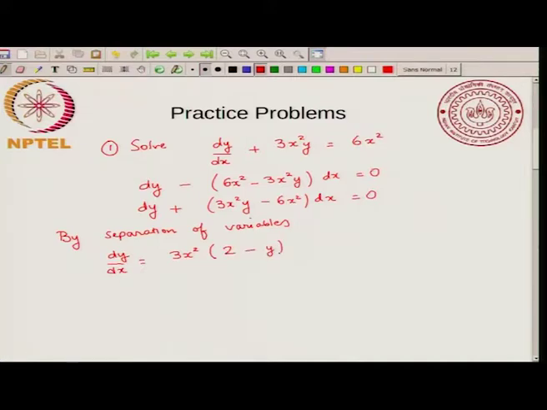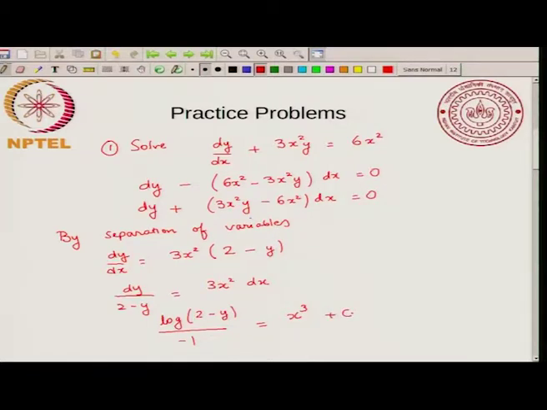And then therefore, you would write dy by 2 minus y is equal to 3 x square dx, and if you integrate both sides you will get log of 2 minus y divided by minus 1, equal to x cube plus constant.